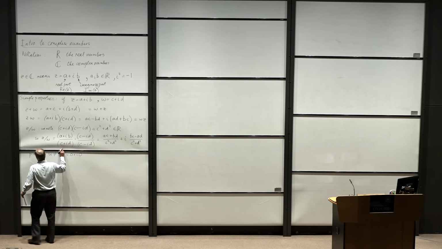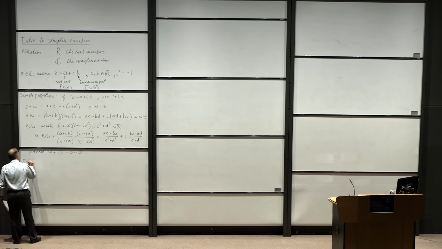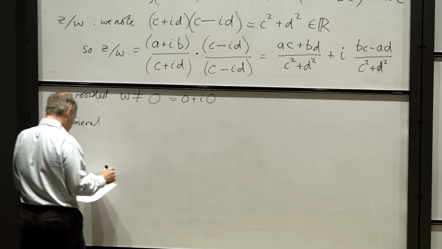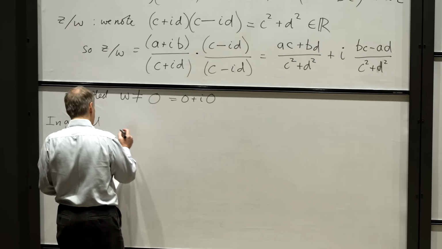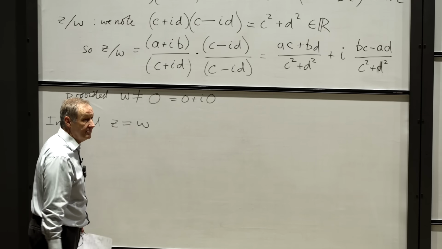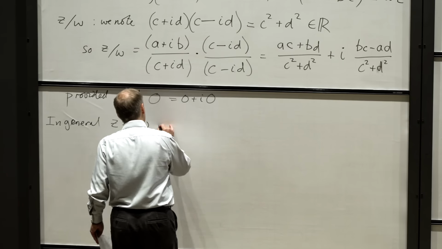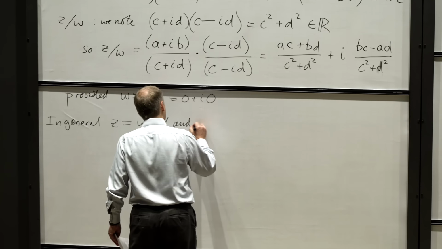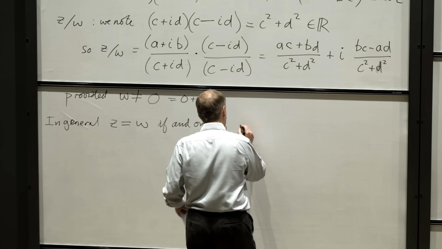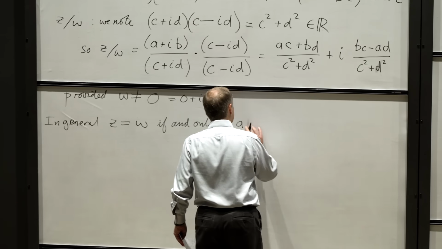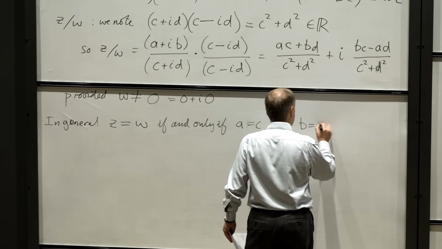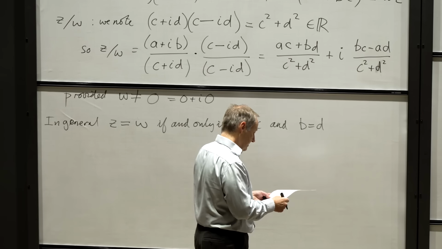So that's some simple things, and in general, this is a fairly useful property, I guess. In general, Z equals W, this is the equality of two complex numbers, if and only if A equals C, the real parts are the same, and B equals D, the imaginary parts are the same.